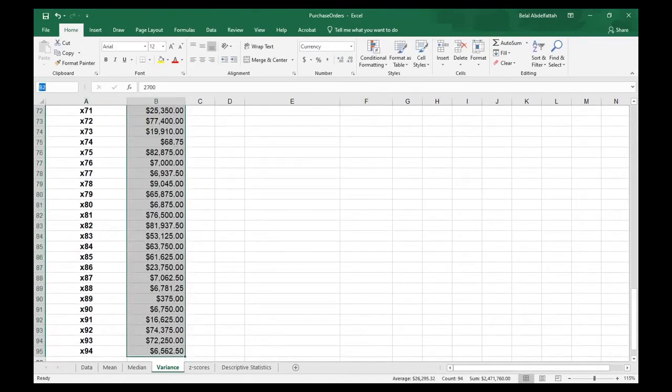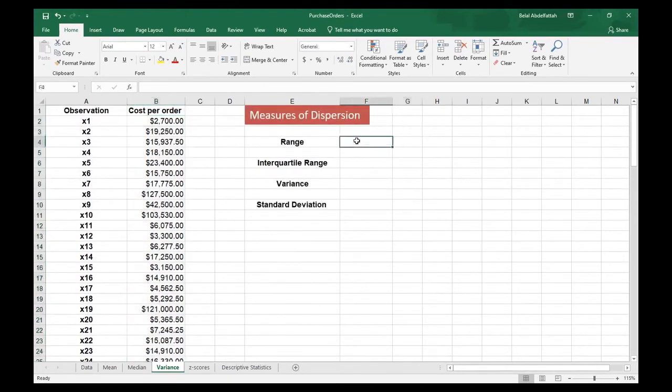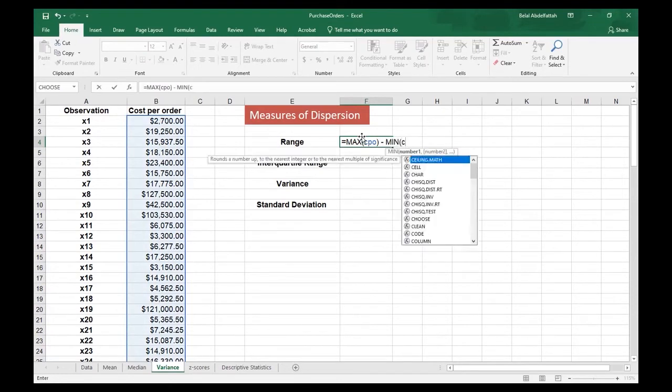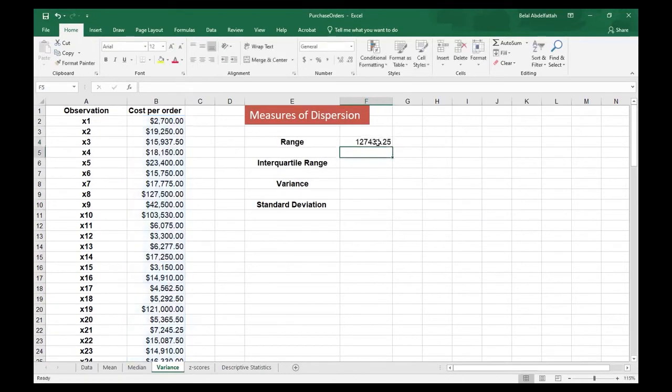And I'll call this cost per order, the abbreviations there, and I'll hit enter. So when I say get the max within cost per order, I'm going to say subtract that from the minimum cost per order. So I'm using two functions together, the max and the min, getting the difference between these two values, and this would be my range.